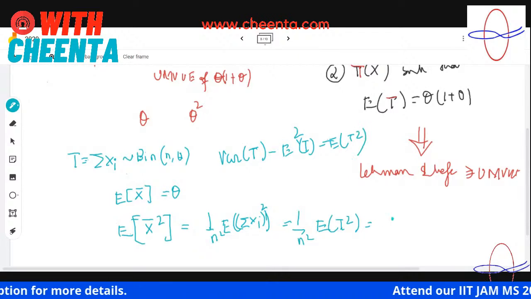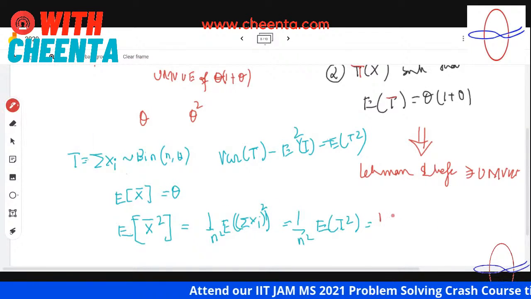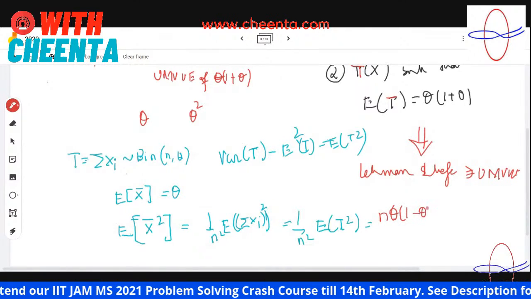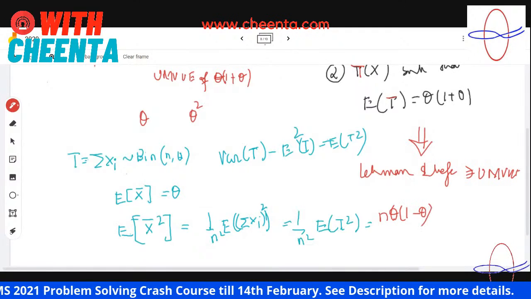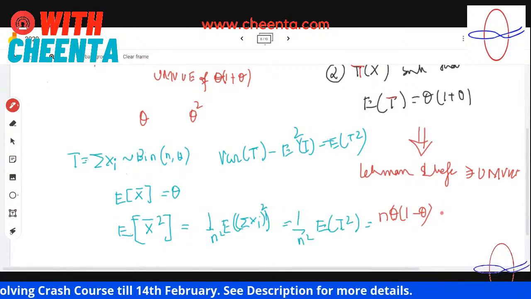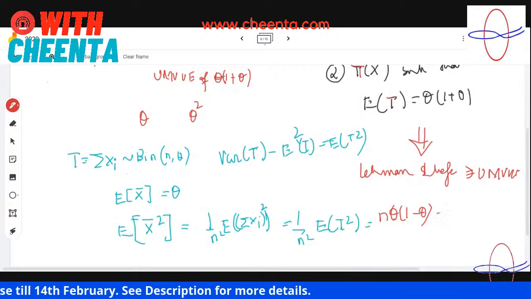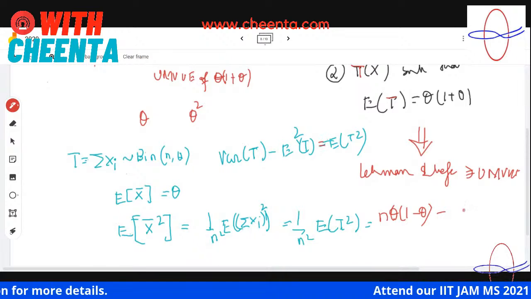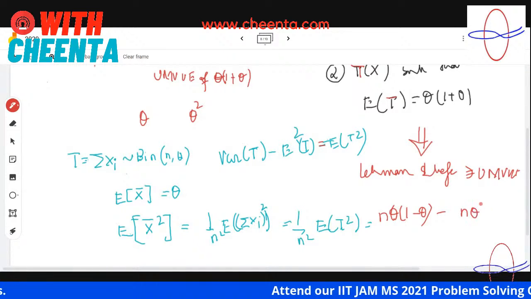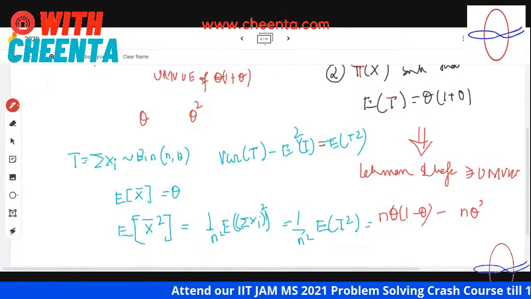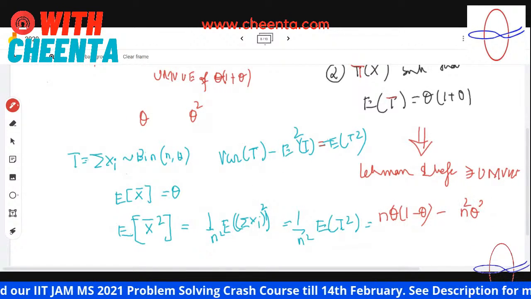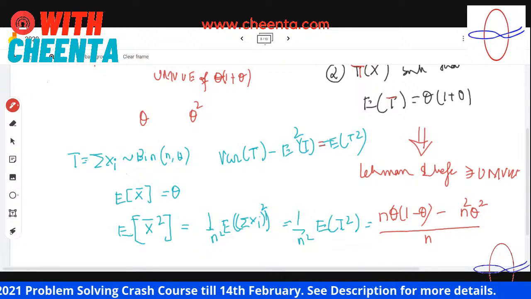The variance of T is n theta into (1 minus theta), and the expectation of T is n theta, so the square is n square theta square.